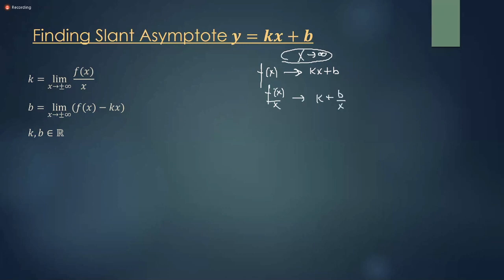The function value divided by x tends to k plus b divided by x. Because b has to be a constant, this particular term tends to 0, which means that this quotient, function divided by x, actually approaches k.